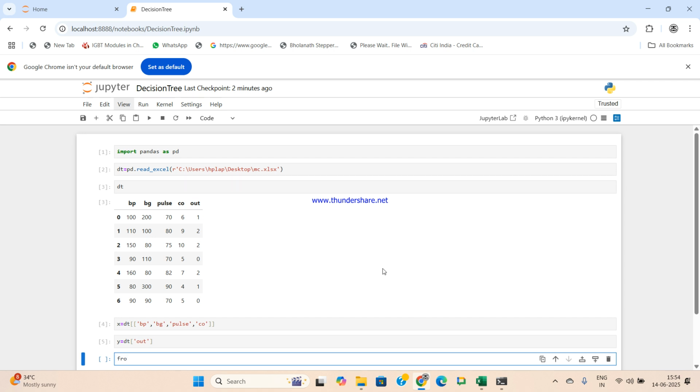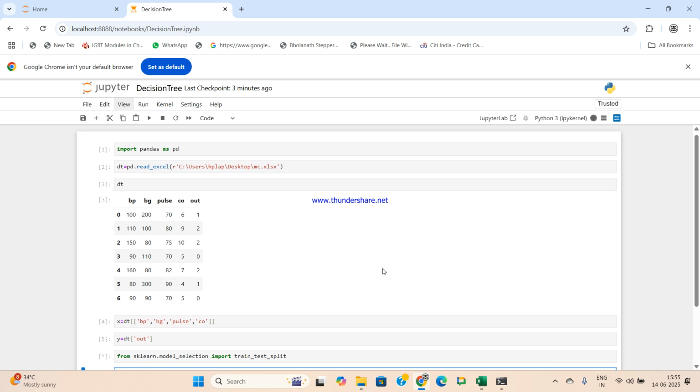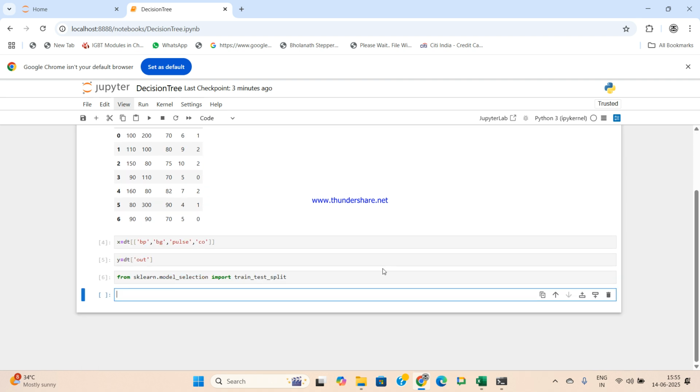From sklearn.model_selection we import train_test_split.